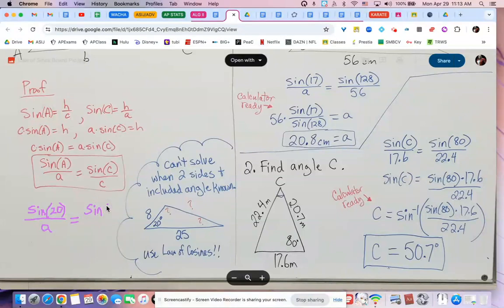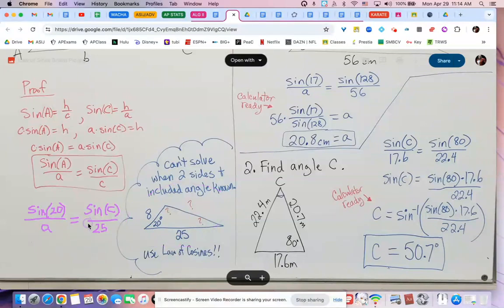So I'm going to have the sine of some unknown angle and then either 8 or 25 at the bottom. Of the four pieces, in order to solve, I need to know 3 of the 4. I know 2 of the 4, and no matter how you do it, you're always going to end up with just knowing 2 of the 4 things for this particular situation.